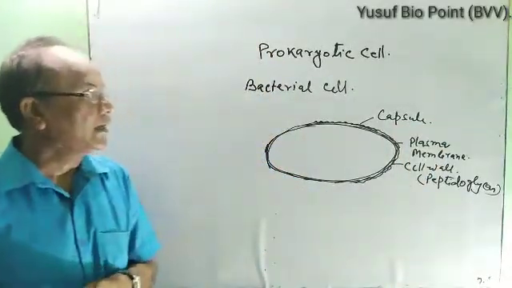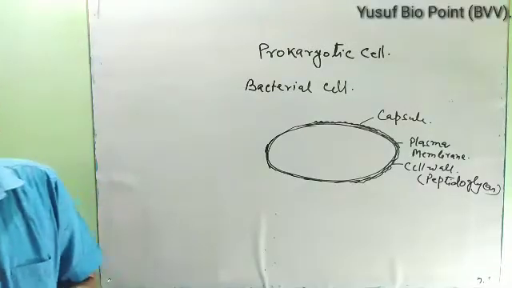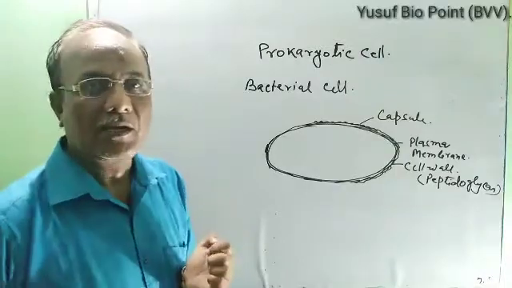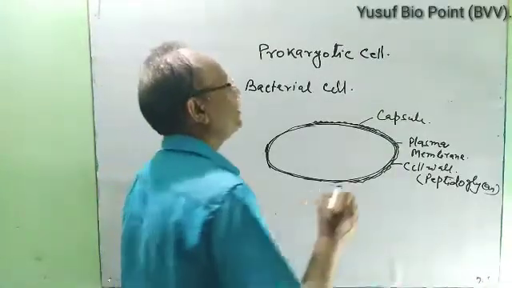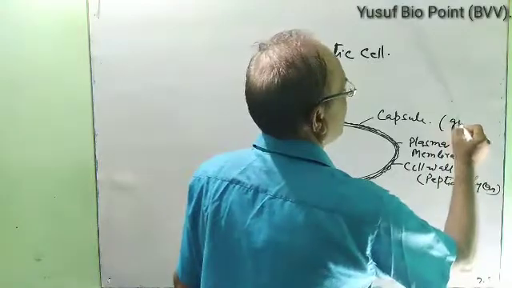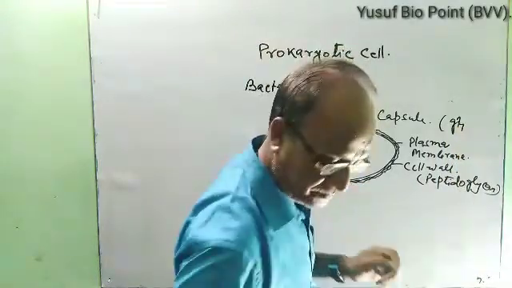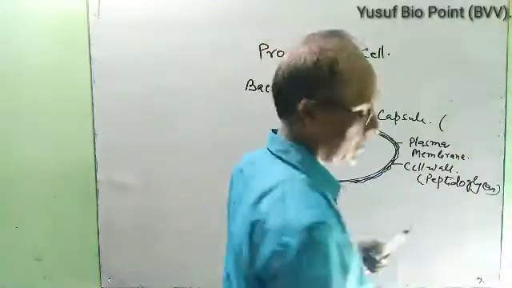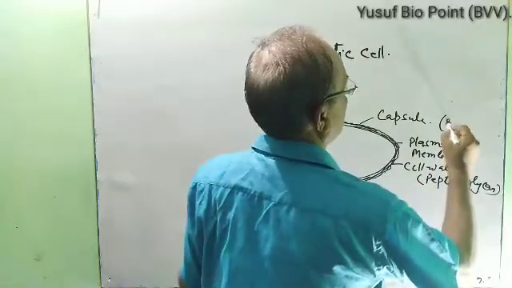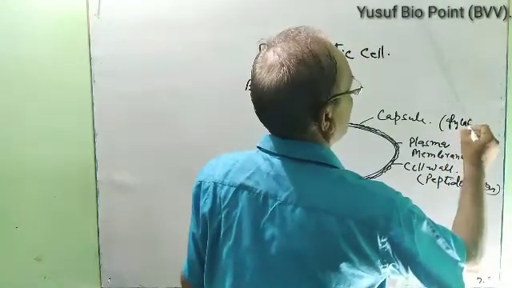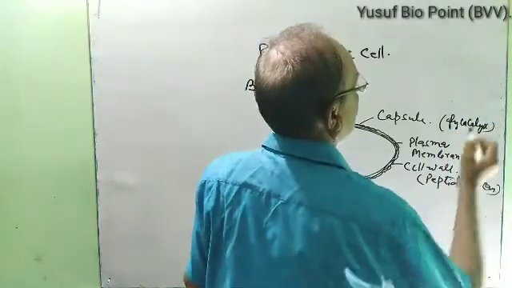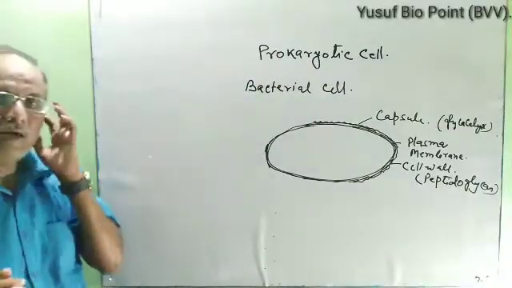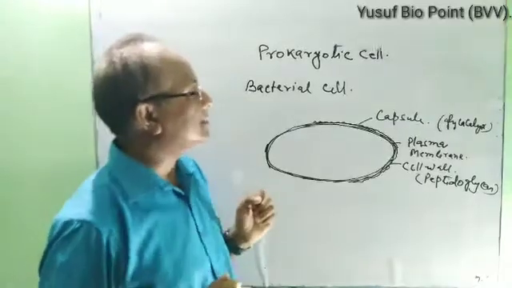In some cases it is found in some bacteria; some bacteria contain capsules, some do not. Understand? Now second, it is made up of glycocalyx. These are the surroundings of the bacterial cell.